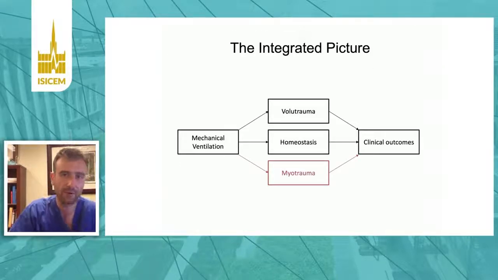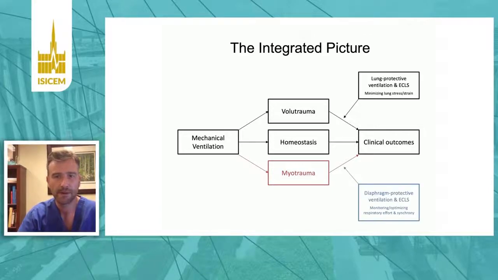So I want to summarize, wrap up by giving an integrated picture. Mechanical ventilation is traditionally targeted at maintaining adequate homeostasis, at avoiding volume trauma, and we're proposing that the ventilator should be applied with the goal of avoiding myotrauma as well, because this also has an impact on clinical outcomes. And in order to do that, we need to apply lung protective ventilation and diaphragm protective ventilation strategies, and ideally integrate them together.